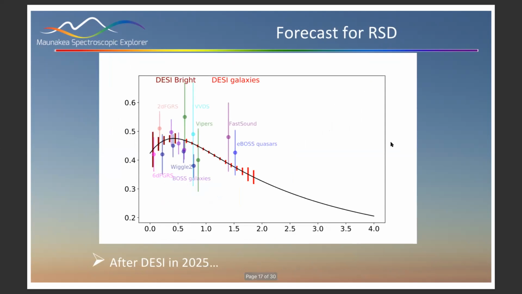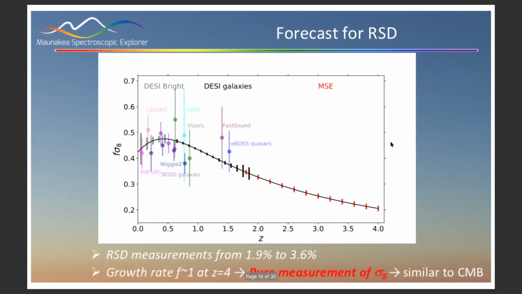Now, for the ISW, this is what we will have after DESI. This is what we can expect with MSE. So again, you can see that we have a real improvement in this region. And here the improvement is even better because with DESI, we can use only the quasars as a tracer to measure the ISW. And here we can start at 1.6.